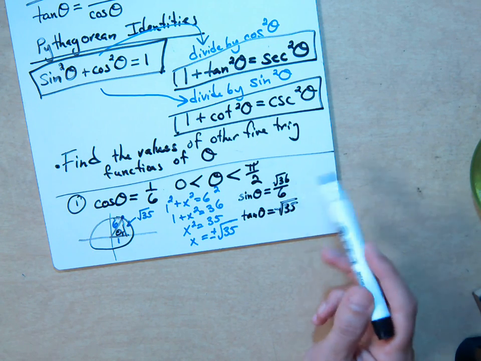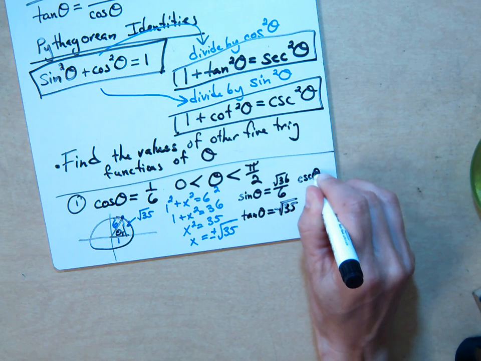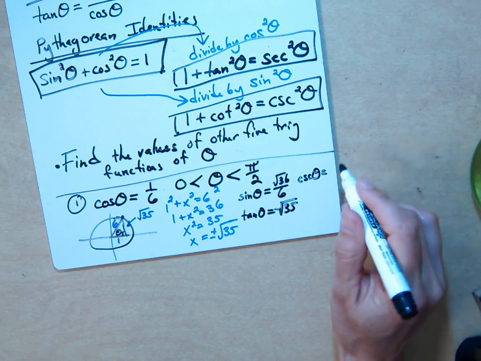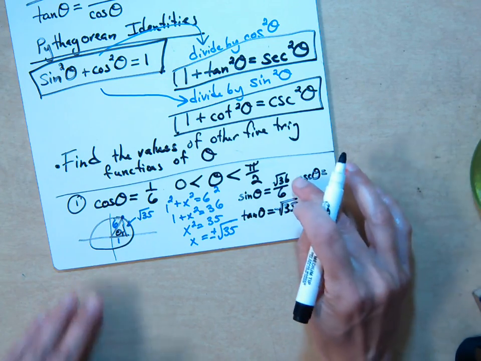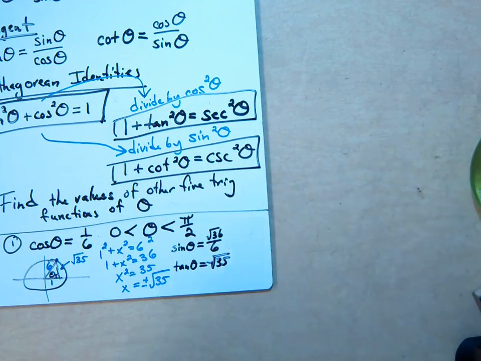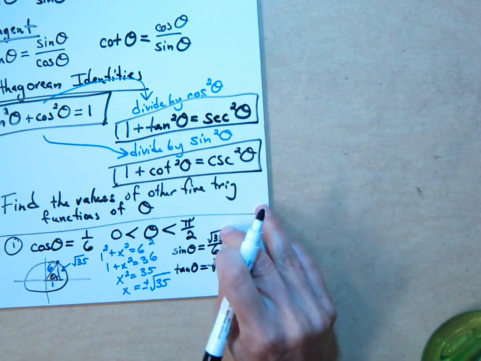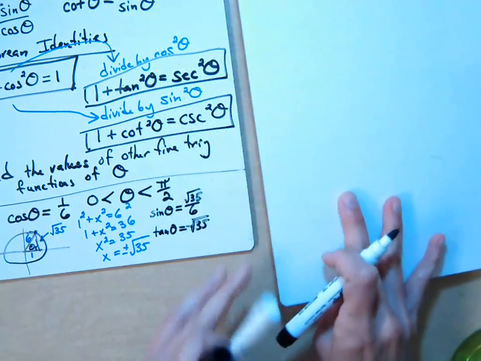So let's do the reciprocal right here. For sine, cosecant then is the reciprocal, right? So that's going to be 6 over root 36. Why is it square root 36? Oh, that was a mistake. So it's root 35 over 6. Very good.